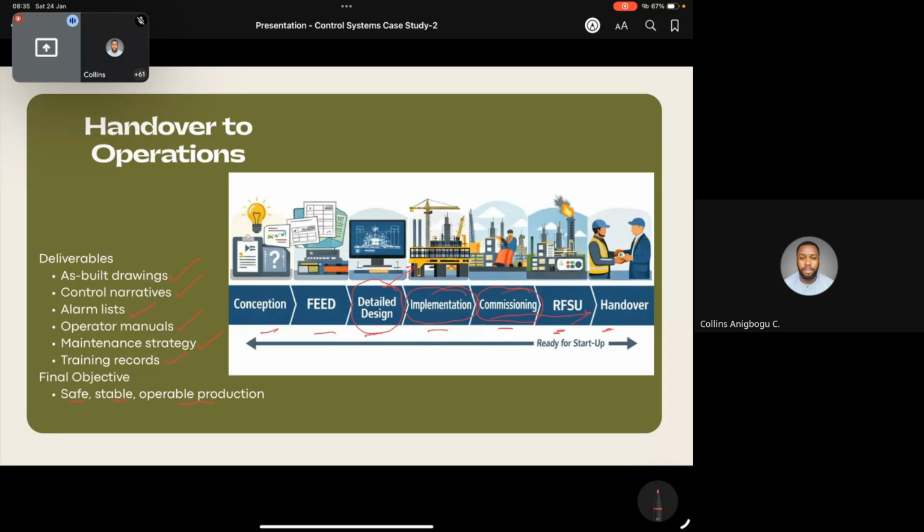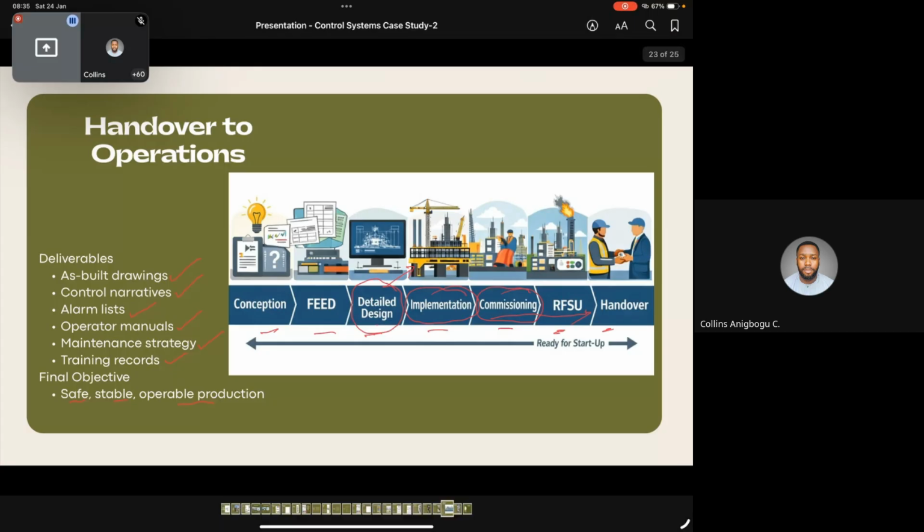And then we have the programmers, people that will write the code. So you can see that there are different areas of specialty in this project evolution. So that is what we set out to do today, and I think we've achieved that.